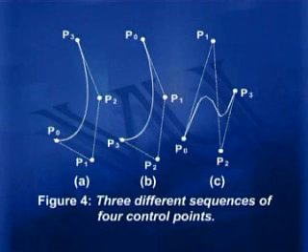You are looking at another figure. This is about some different sequences of 4 control points. So Bezier curves that are defined using 4 control points can have different forms, and you're looking at some of those. Look at the C, the last section on the right.